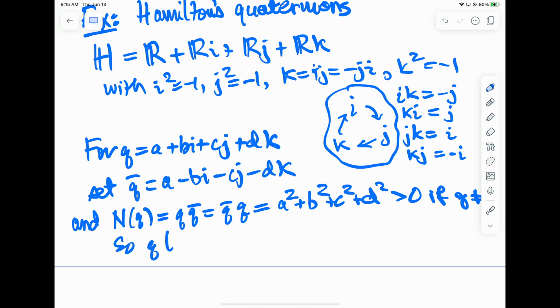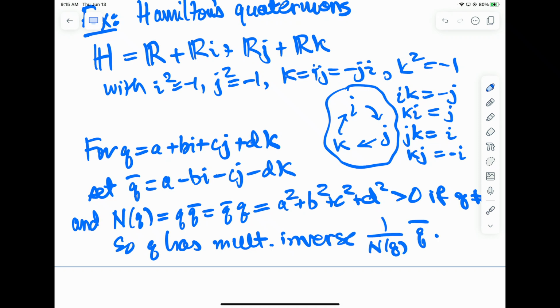So Q has inverse the scalar 1 over norm Q times Q bar. All right, so this is a division ring.